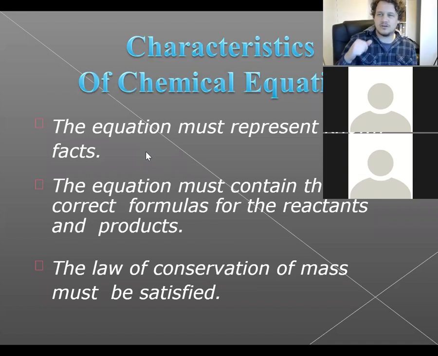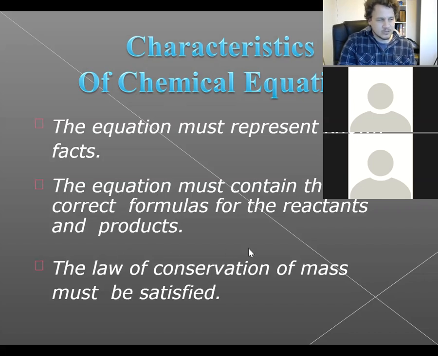So you need to know how much of each, what they are, and what reacts to produce what products. And they have to be in the right formulas. So 2 plus 2 equals 4. 2 of each of the reactants equals 4 of the products.